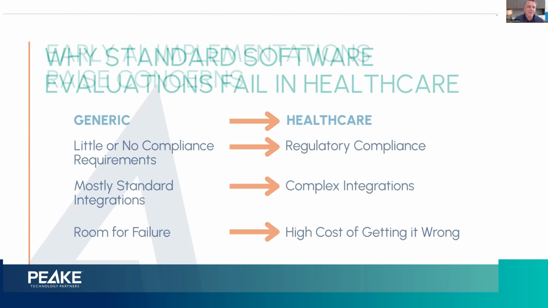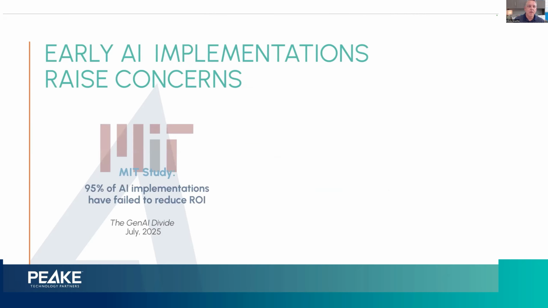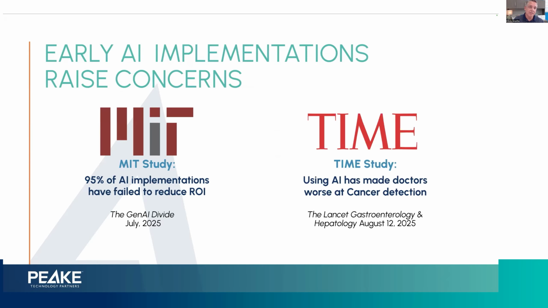And it doesn't help that some early implementations of AI have raised some concerns. We believe that some of this is a software solution chasing a problem. In other cases, it's maybe the incorrect application of the technology, or maybe the software itself is not ready.